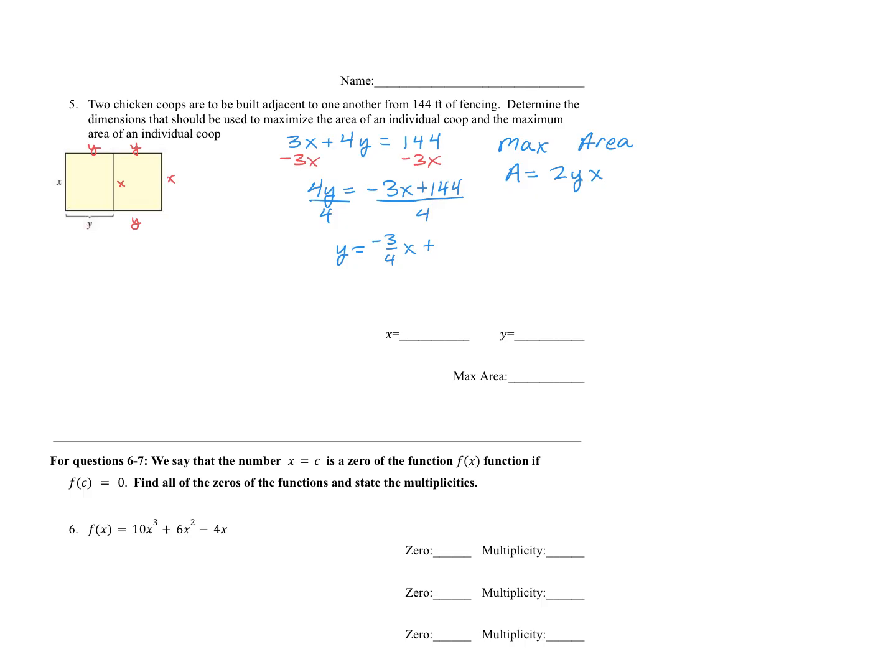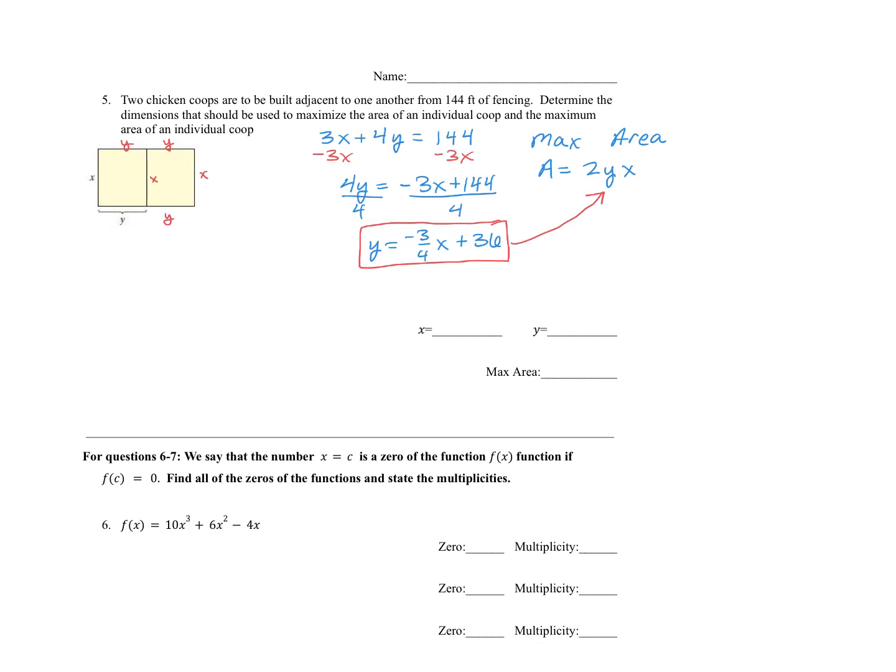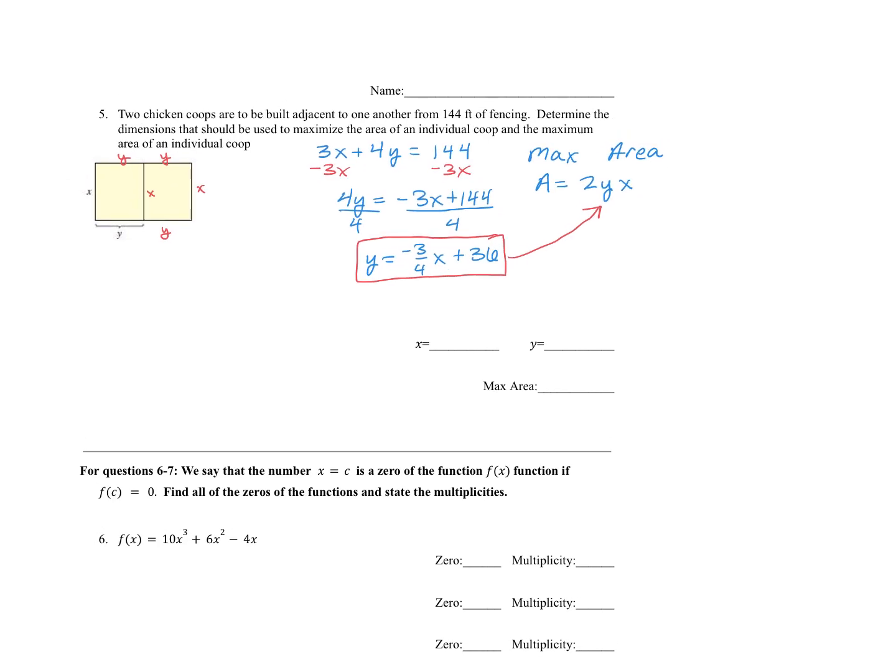It's just 72 chopped in half again. So now that formula is going to go in place of the y in our area formula. So in doing so, we are now going to have area equal to the 2 that's already there, and then the negative 3/4 x plus 36, which is the y, times the x that's already there.